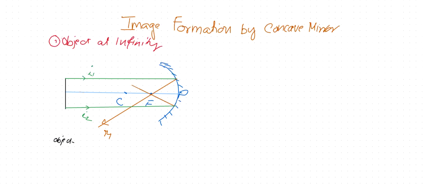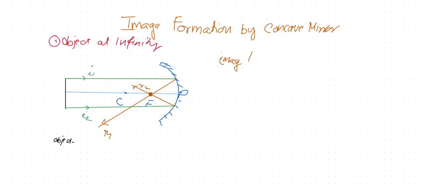Now, where do you think R1 and R2 intersect? They are intersecting at the focus. While drawing, ensure that this ray R1 is smaller and stays within the incident ray I2. Now, where is the image location?